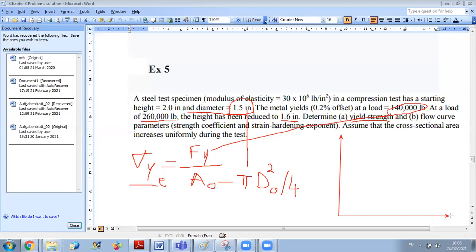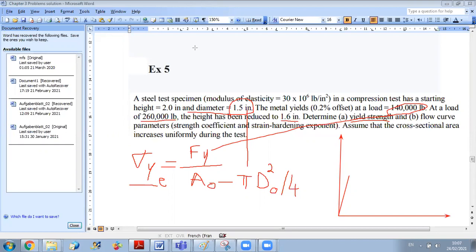So in general, if you have any 2 points in between, we prefer to take 2 points in between, far from yield and far from necking. But the yield point can also be considered as the first point of this curve, so it should also verify the equation. So it's not wrong to take it as a point. And here we don't have the choice. We should take it because we only know the yield point characteristics and another point's characteristics.